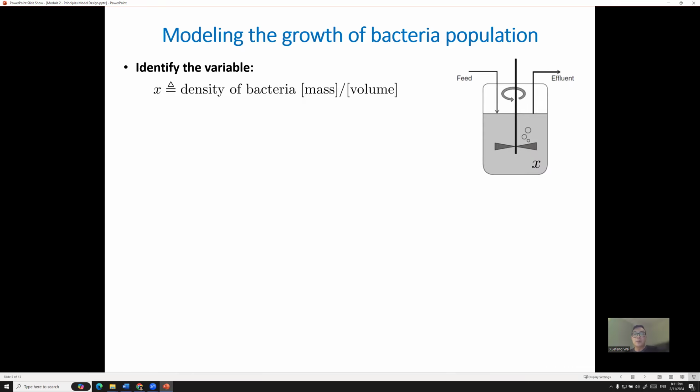In this problem, we are interested in the density of bacteria, which is the mass per unit volume. This should not be surprising because the growth of bacteria is the purpose of the bioreactor. Therefore, by tracking the density of bacteria, we can assess the growth process of the bacteria.